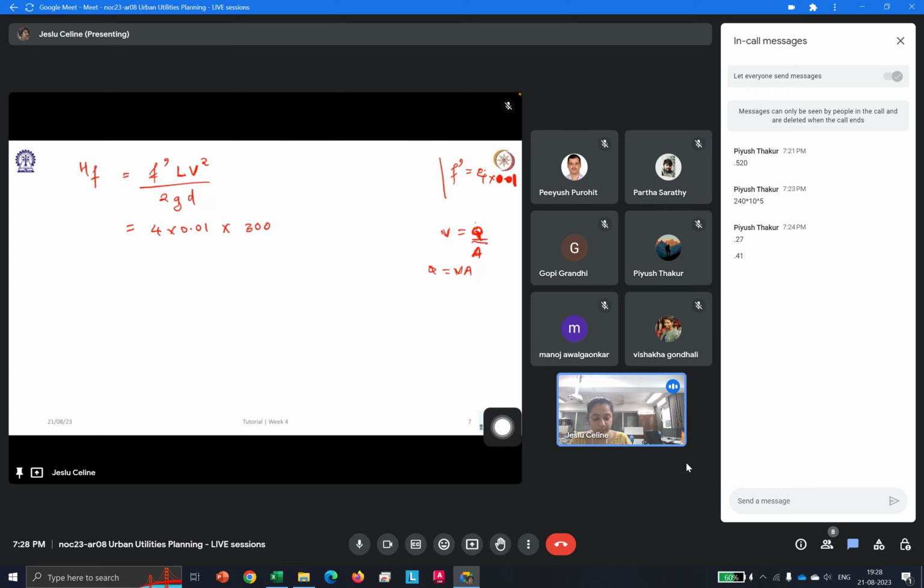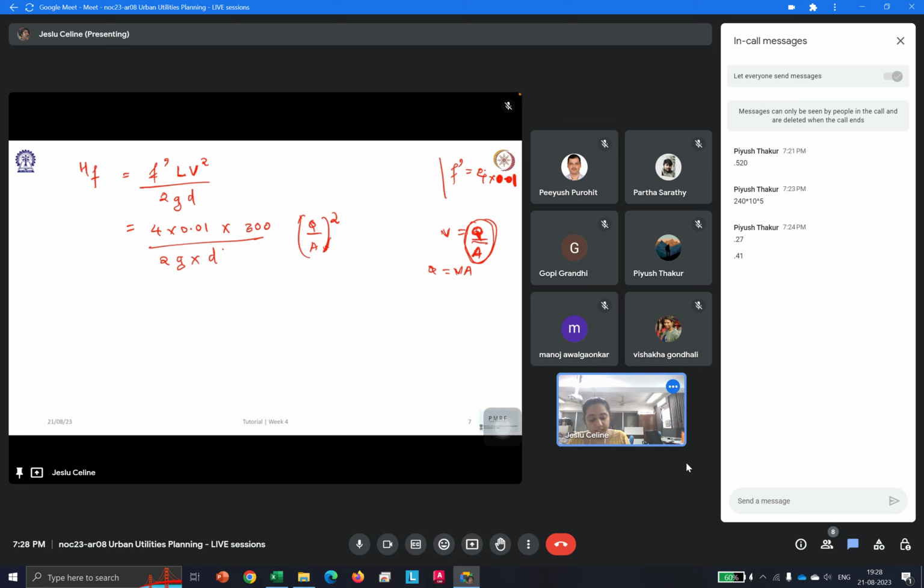So I'm replacing V with Q by A, the whole square, divided by our overall formula 2G into D. I'm leaving this diameter as such because we can simplify this further.